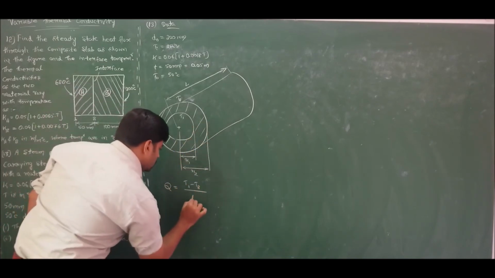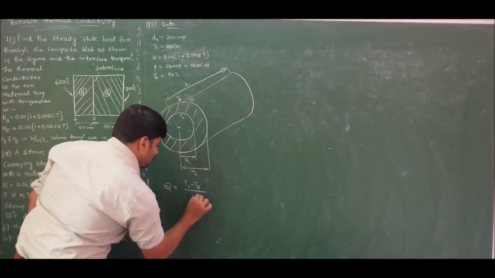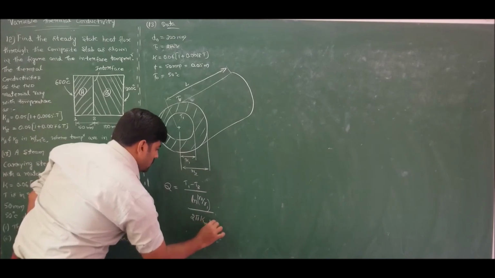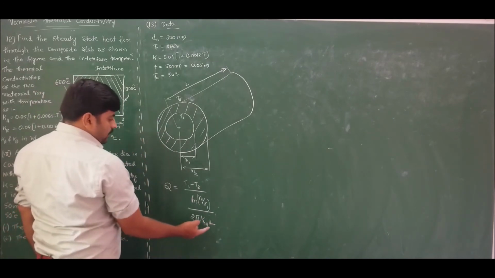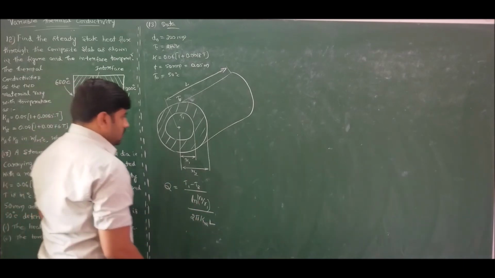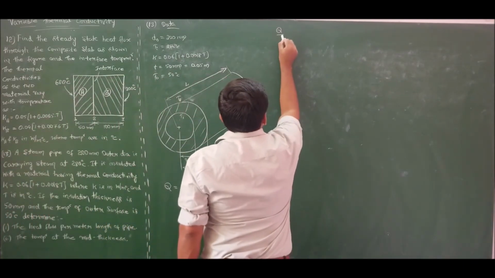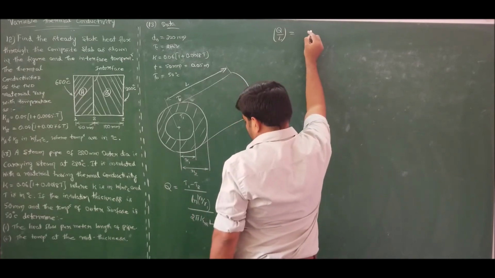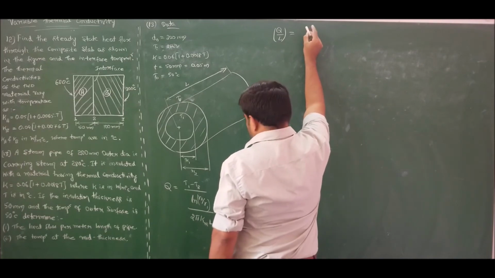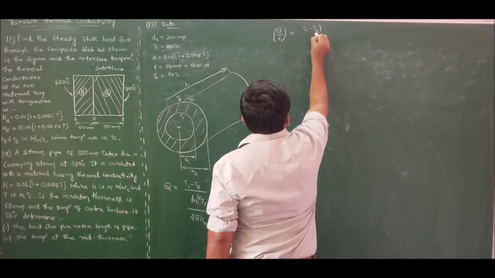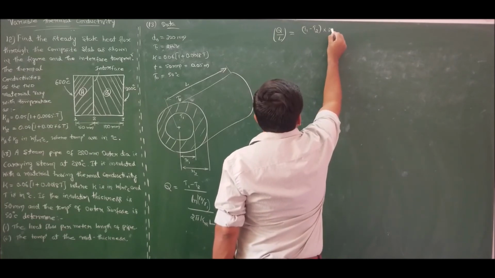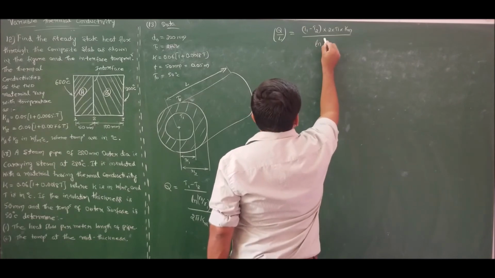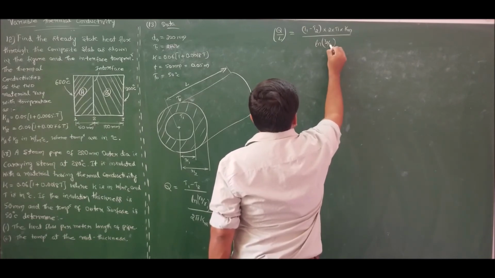Resistance for a cylinder is known to us, which is ln of R2 by R1 divided by 2 pi K L, whereas here I should use K mean and L. Since he is asking to calculate per meter length, sending length to the LHS, it becomes Q by L. So Q by L, per meter length, is equal to T1 minus T2 into 2 pi K mean divided by ln of R2 by R1. T1 is known, but I don't know the value of K mean, so let me calculate K mean also.